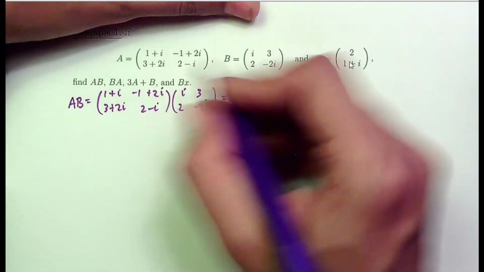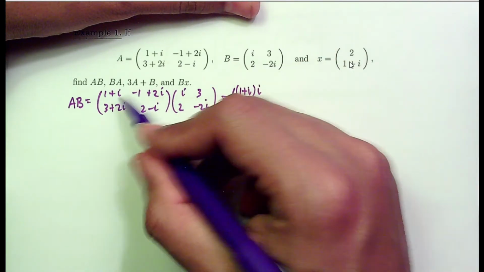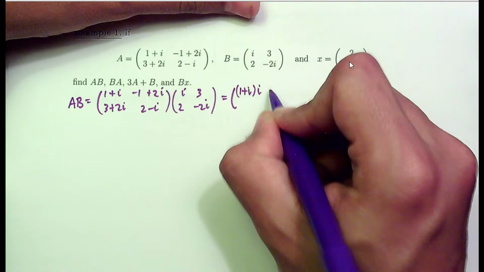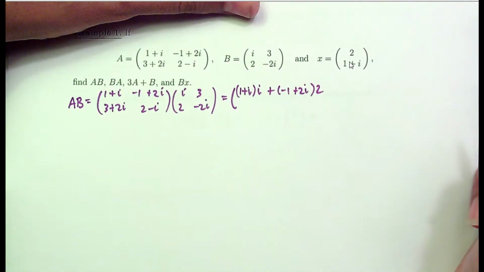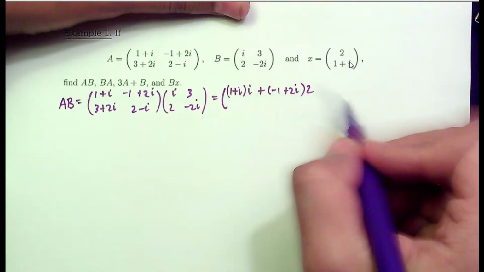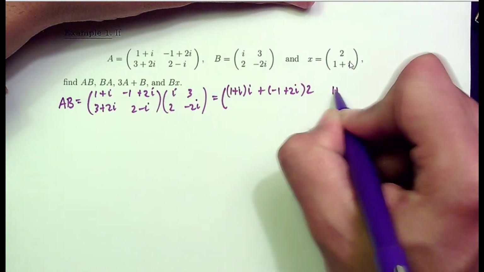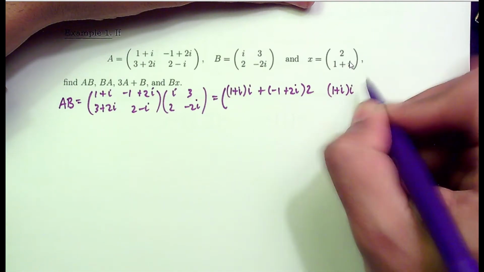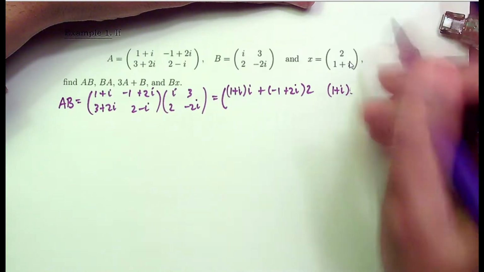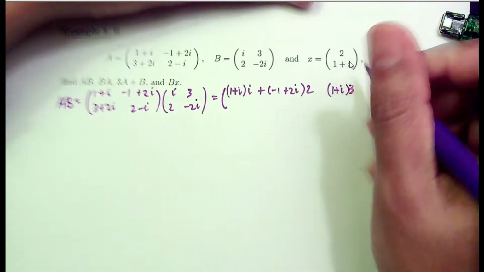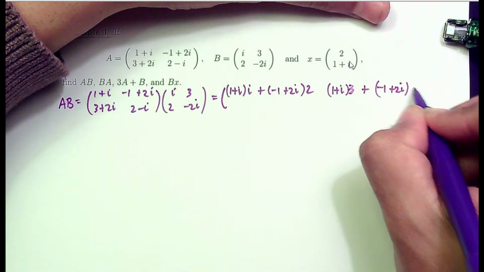It is a dot product. First, in this corner, the dot product of the first row and the first column: 1 plus i times i, plus negative 1 plus 2i times 2. Then on this corner, the dot product of the first row and second column: 1 plus i times 3, plus negative 1 plus 2i times negative 2i.